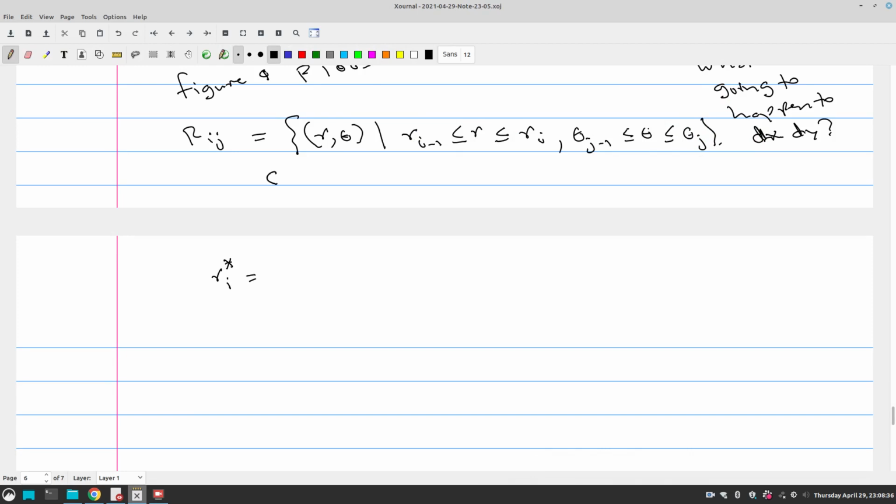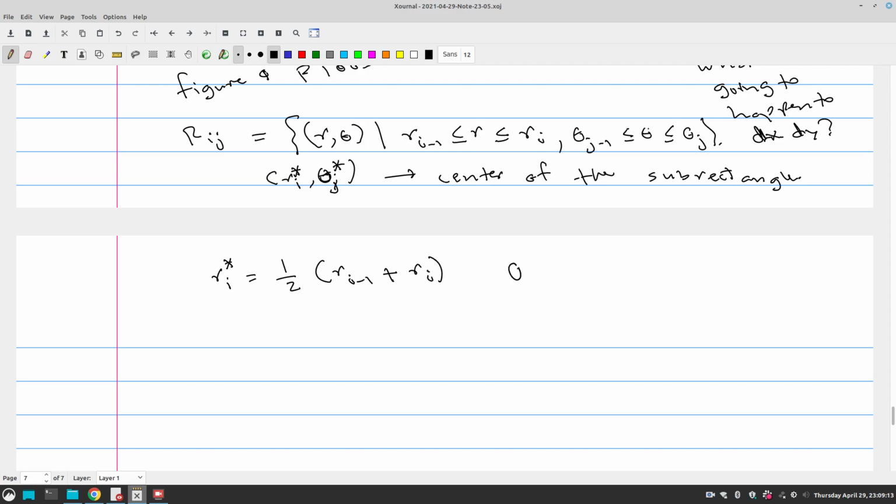So r_i star and theta_j star are the coordinates of the center of the subrectangle. r_i star is defined by half of r_{i-1} plus r_i, and theta_j star equals half of theta_{j-1} plus theta_j.